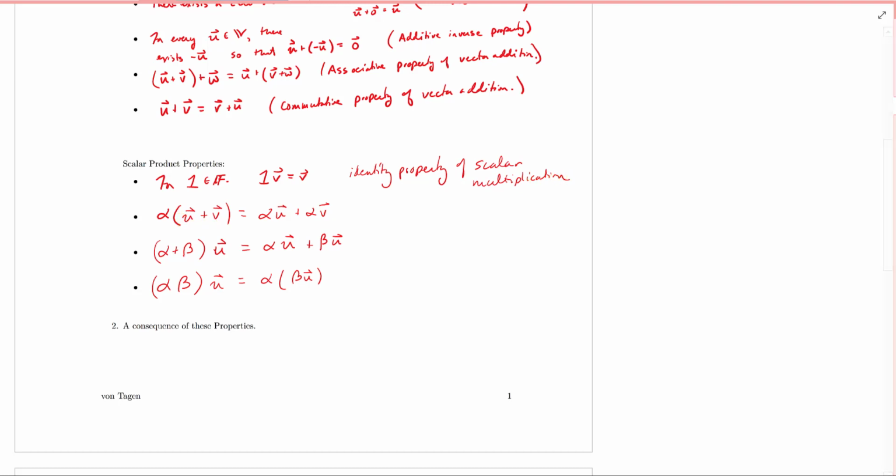This is the distributive property of scalar multiplication over vector addition.